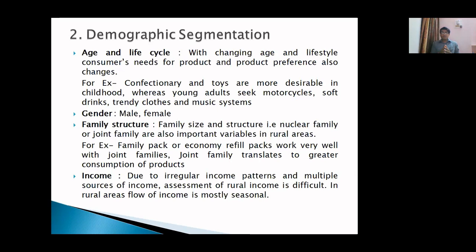Because the skin requirement of a male is different from that of a female. And the companies now have realized that males are equally consuming the fairness cream as compared to female. Lot many male fairness cream now you are finding in the market.